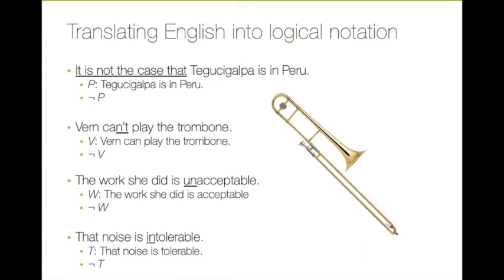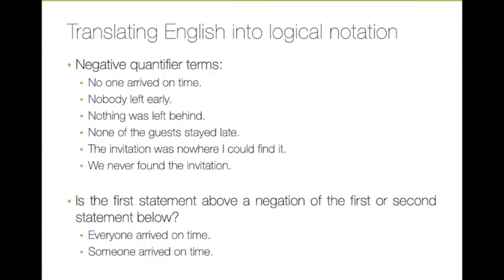And finally, "that noise is intolerable" can be represented as the negation of T, "that noise is tolerable." So we get not T as our symbolization. As we saw in the last two examples, some statements that should be translated using logical negation don't involve the word not.